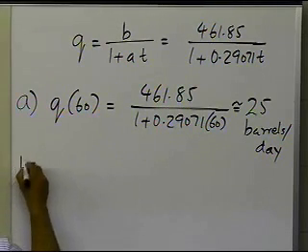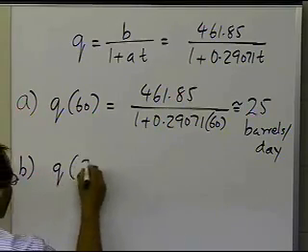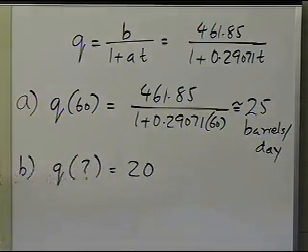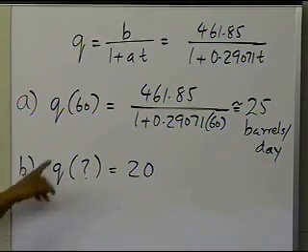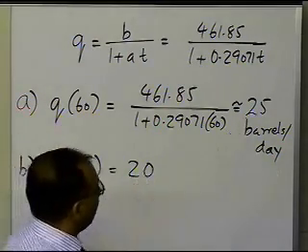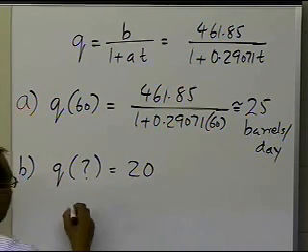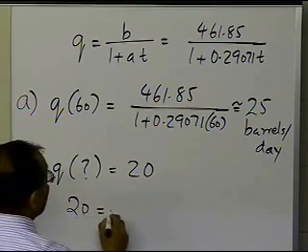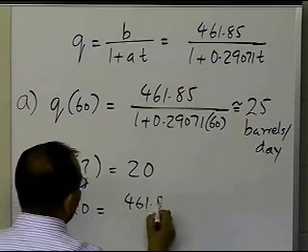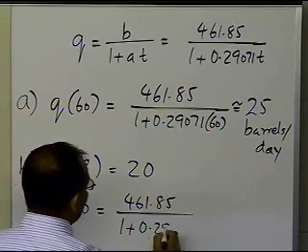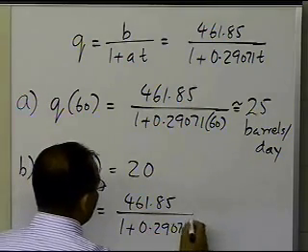The second question was, at what point is your production 20 barrels per day? You know that it is going to be more than 60 months, because at 60 months you are still producing 25 barrels per day. So it has to go a little bit further to get to 20 barrels per day. How we're going to do that is by saying 20 is equal to 461.85 divided by 1 plus 0.29071 t.